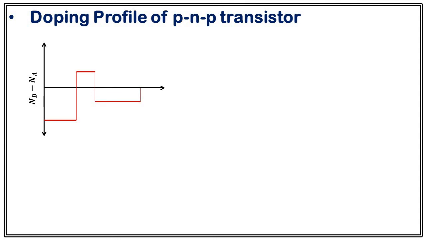For NPN, it will be the other way around. This is the width of the emitter, the width of the base, and this indicates the width of the collector. Here we can easily see the width of the collector is more compared to both emitter and base, and the width of the emitter is greater than the width of the base.